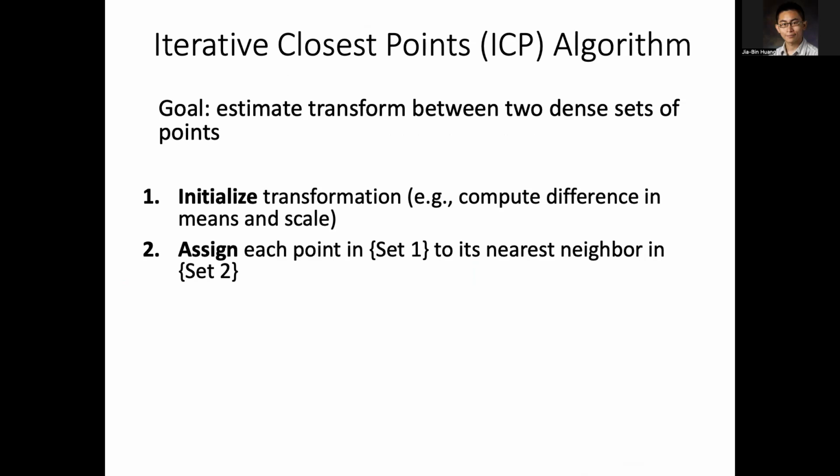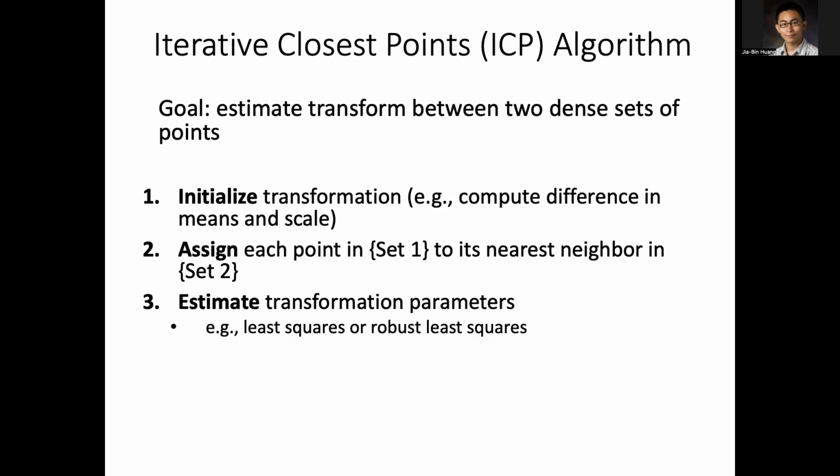So assign the correspondence. The way you assign the correspondence is going to be noisy, but that's okay. You can find that through the nearest neighbor. Basically, you align these two point sets, and then for each point, you find the closest point. And then after step 2, you have the correspondence. Once you have the correspondence, you can solve for the transformation.